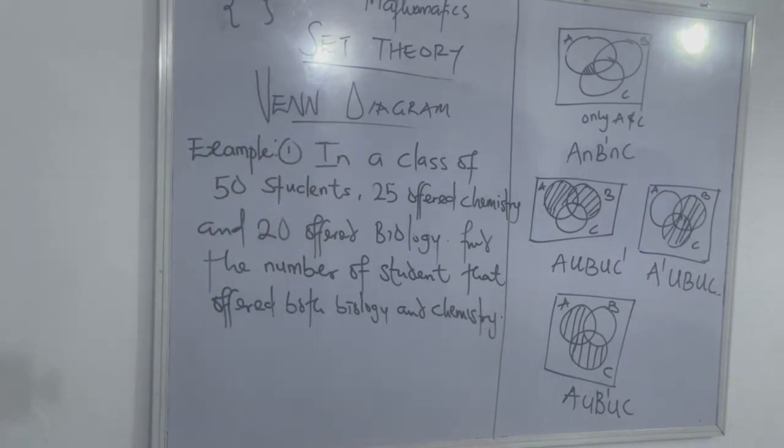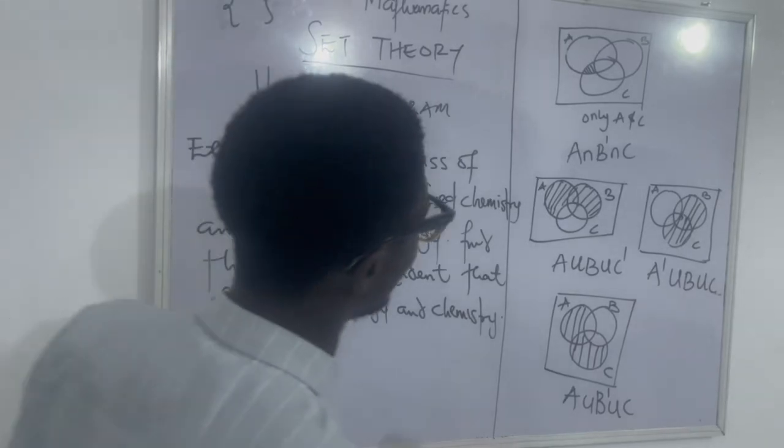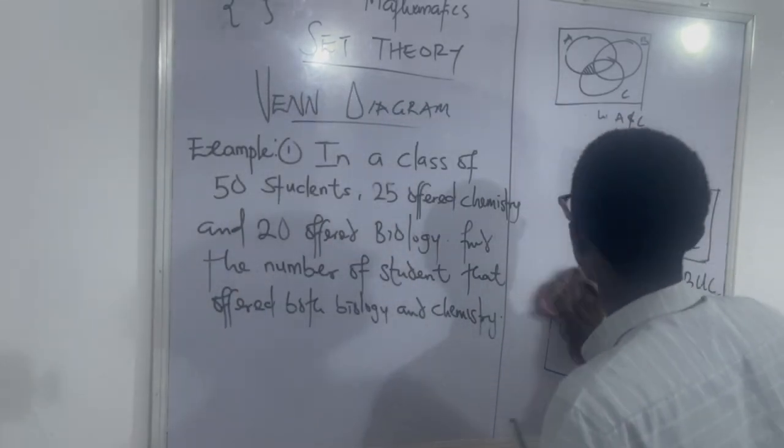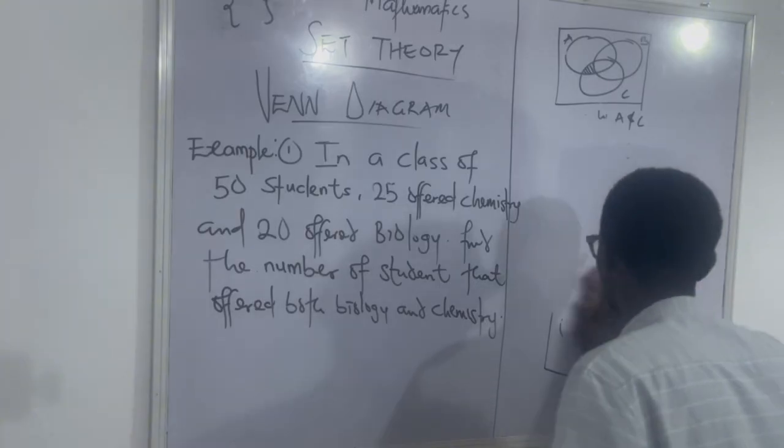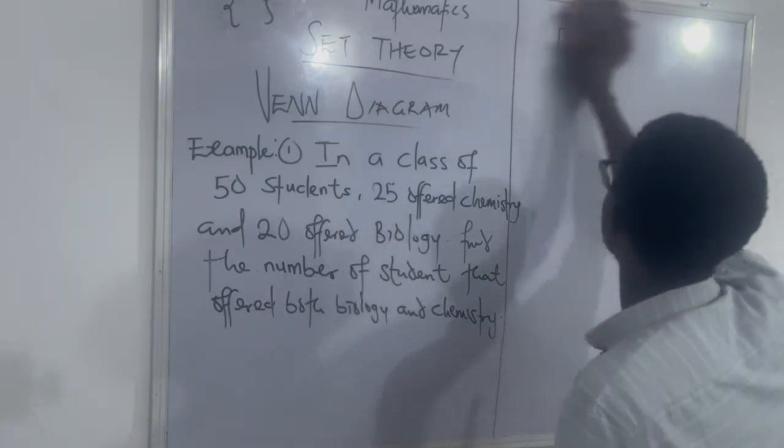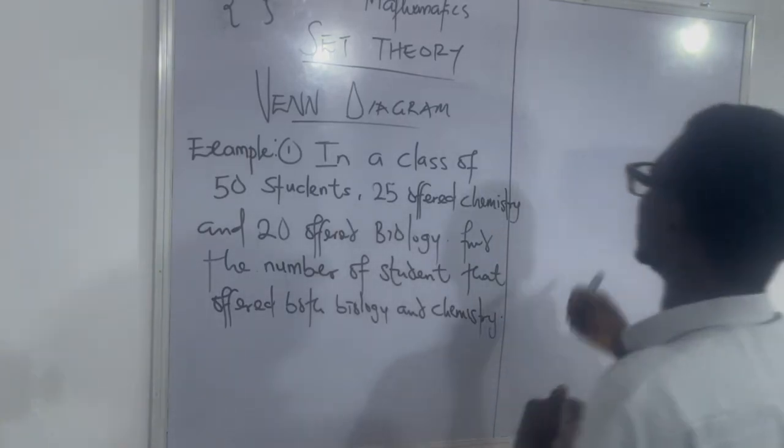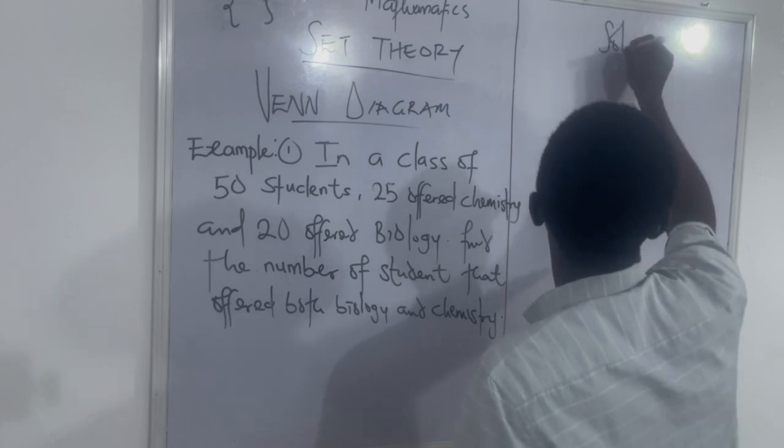So are we together? We said in a class of 50 students, 25 offered chemistry and 20 offered biology. Find the number of students that offered both biology and chemistry. So I said we will move from a smaller one to a bigger one.